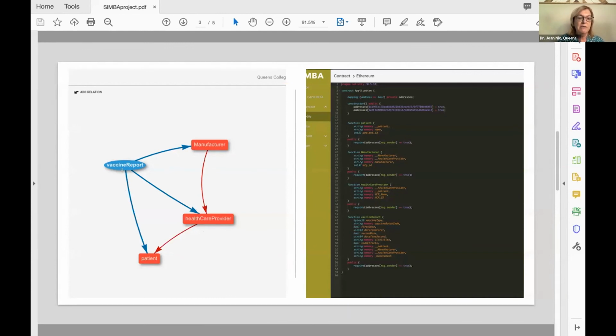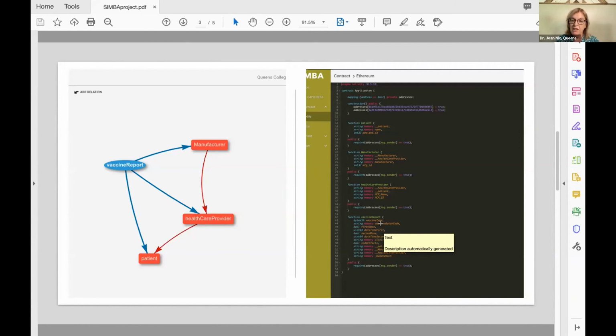It was to verify vaccines using the blockchain. What he really liked was that you could see the programming, which was auto-created. For those students who wanted a deeper dive into the actual programming, they could see it and learn from it.